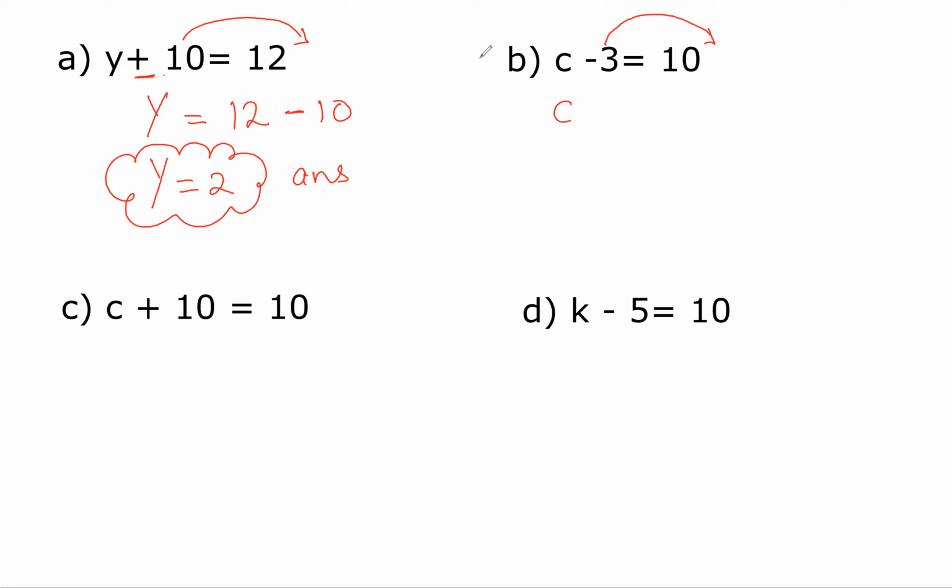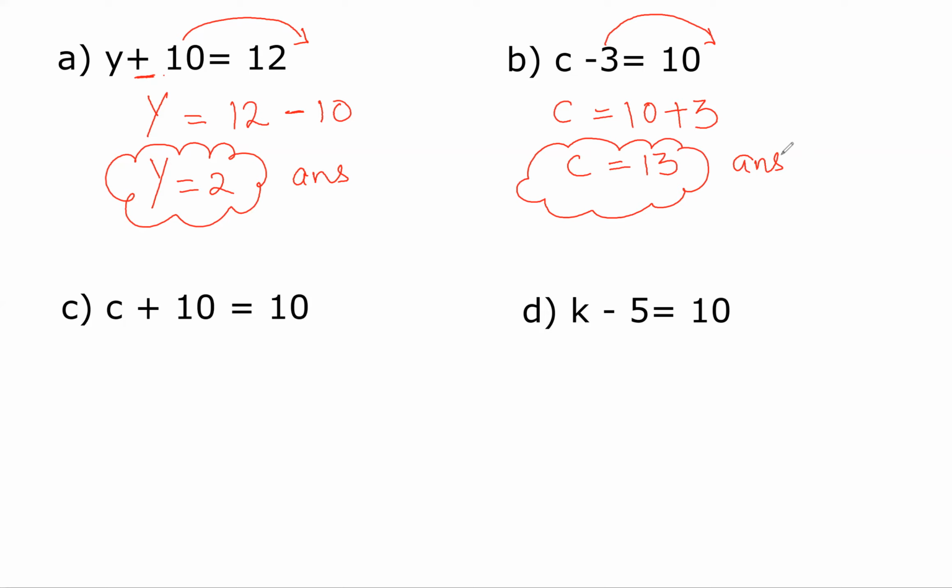So when you shift it to the other side, it will change to positive. So 10 plus 3 gives you 13. So that's my answer. The missing variable c is equal to 13.